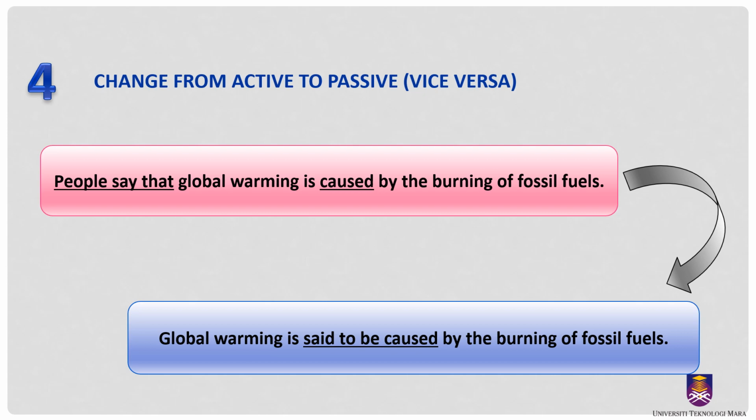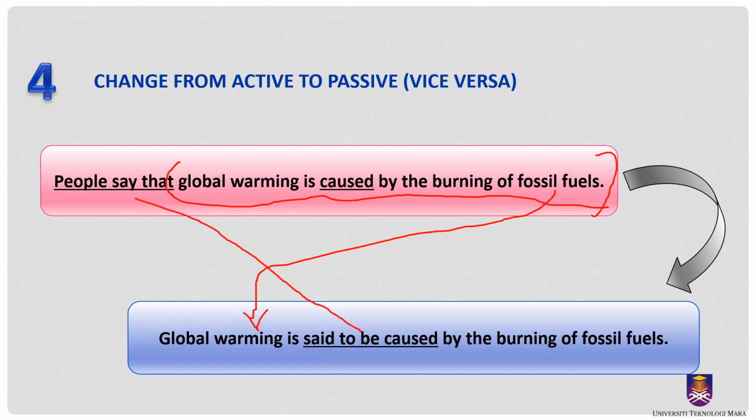So the change has been made here, starting with global warming is caused by the burning of fossil fuels, and then you bring this whole part to the beginning of the sentence. And then the second change is people say that, you change to is said to be caused by the burning of fossil fuels.